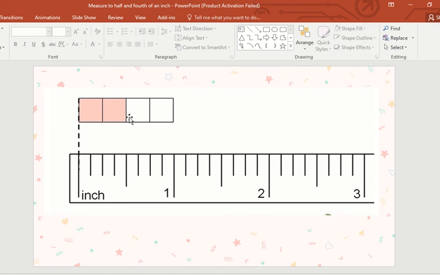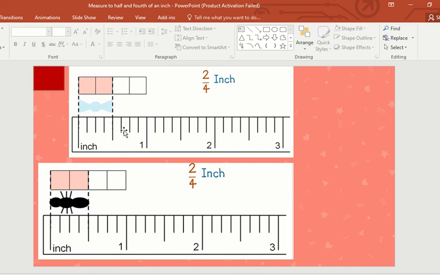Now let's see this one. This is from here to here. This line is the 1 by 2 line. So the length for this is 1 by 2, which means half, 0.5. Now here I have some objects. You can see this is half, right?